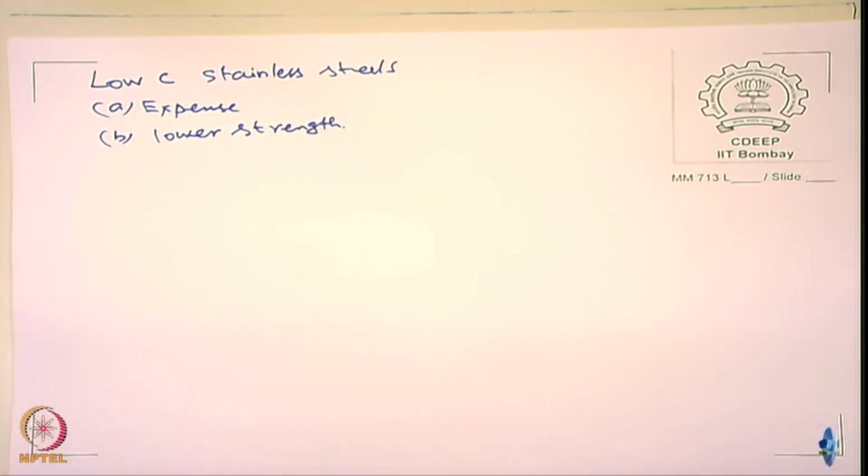So, if somebody is making a pressure vessel, automatically the cost goes up on both accounts, one related to the expense and the other related to the strength levels. So, can we retain the carbon and then prevent sensitization, right?